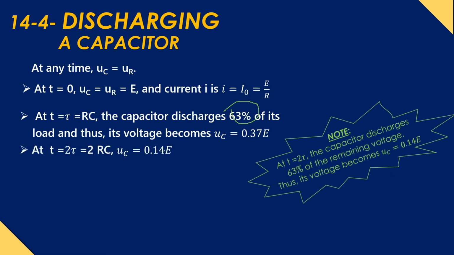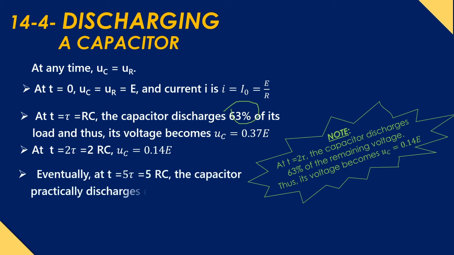At time equals 2 tau, the capacitor will discharge another 63% of the remaining. And if you do the mathematics, 63% times the 37%, we're gonna have 0.14 times E, or 14% of E remaining.